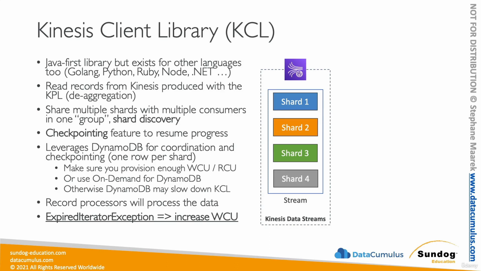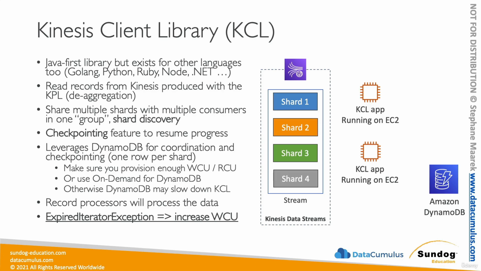So we have a Kinesis data stream and it has maybe 4 shards. And we have a DynamoDB table that will be used for the checkpointing and coordination of our KCL record processors. So in this example, I have 2 KCL applications of the same group running on 2 different EC2 instances. And thanks to this shard discovery mechanism where they can share the shards, the first one will be reading from shards 1 and 2, and the second one will be reading from shards 3 and 4.